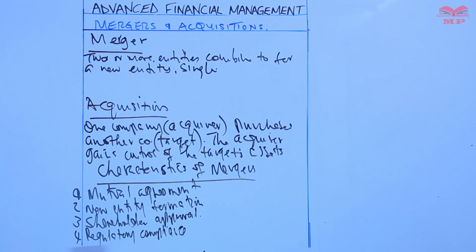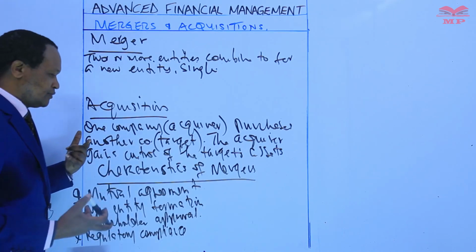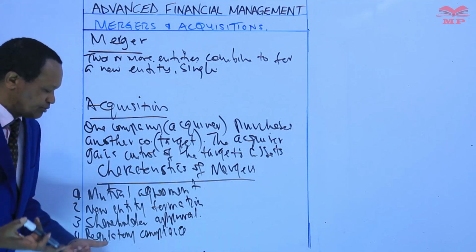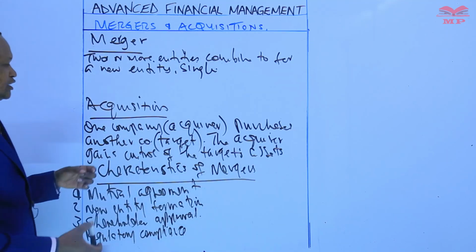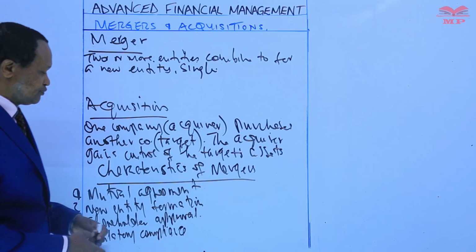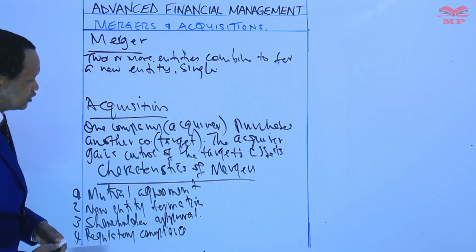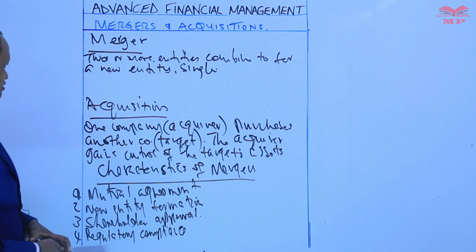Such laws prevent mergers that would reduce competition and harm consumers. So mergers may be subject to regulatory laws, like laws relating to competition. So these are characteristics of mergers.